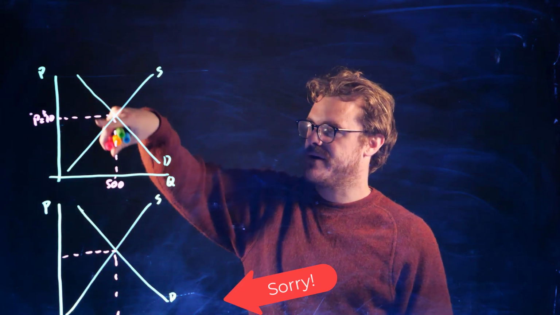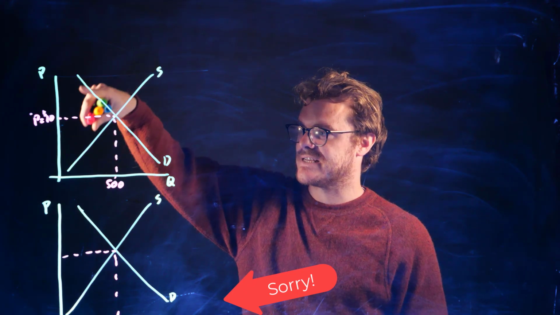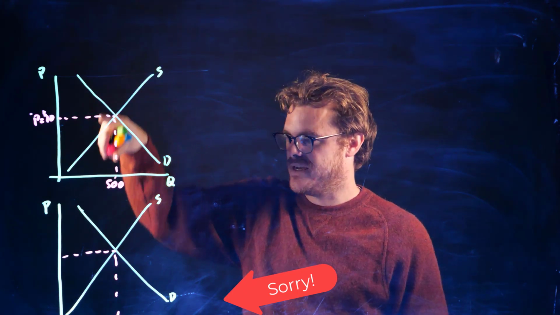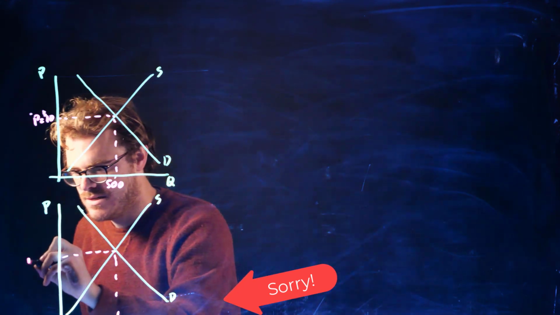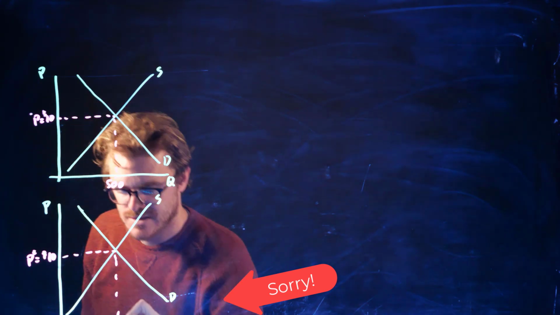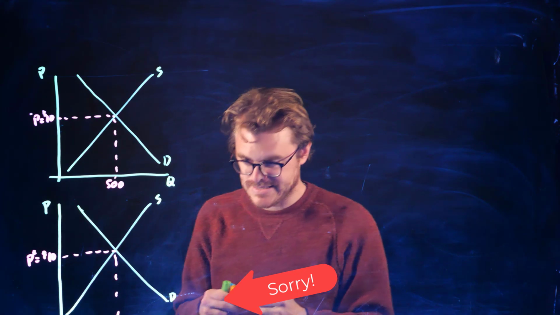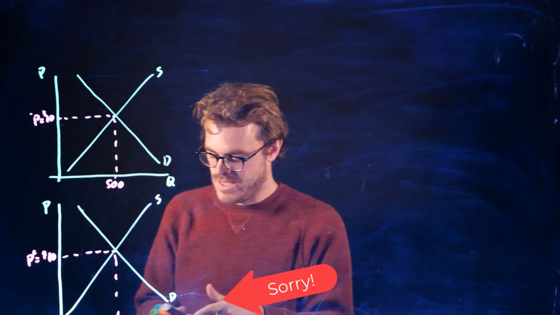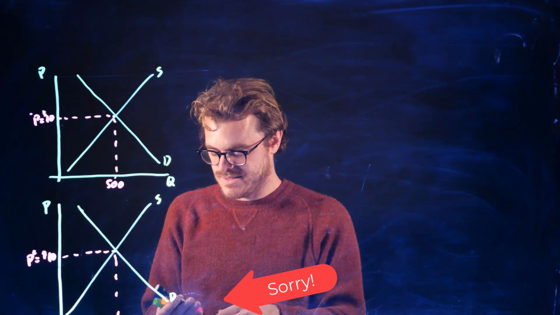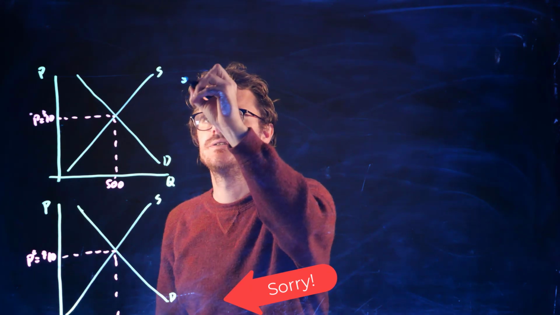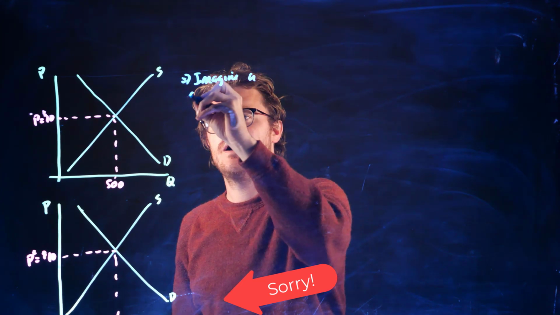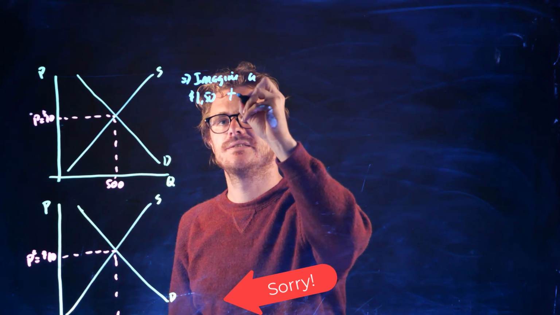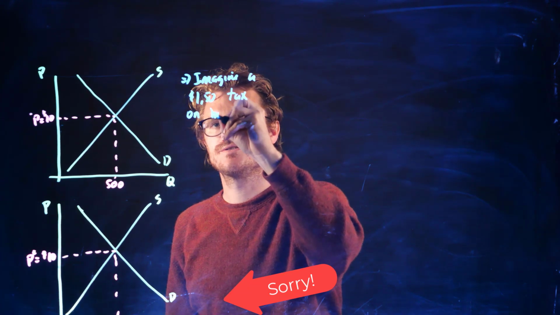Up here we'll think about the effect of a tax on the buyers, and down here we can think about what happens to this graph if we put a tax on the sellers. But let's just imagine, this is P star, again $10, and the quantity is 500. Now, for this graph up here, let's imagine a $1.50 tax on buyers.